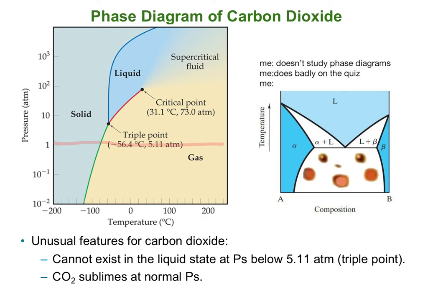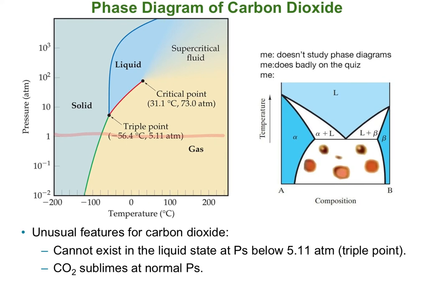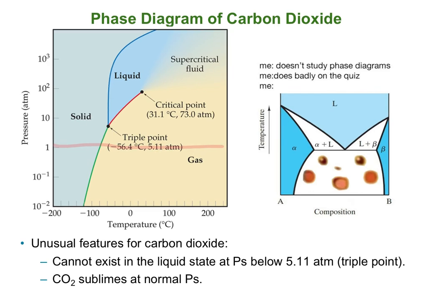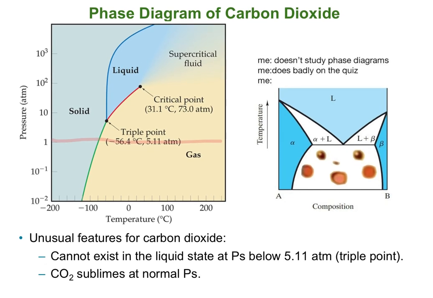We don't see any kind of liquid phase. It doesn't actually exist in a liquid phase until above 5.1 atmospheres. So the triple point is a really helpful value because it helps us know that above that pressure, liquid phase can exist. And the temperature also helps us know at what temperature it would melt above that pressure.